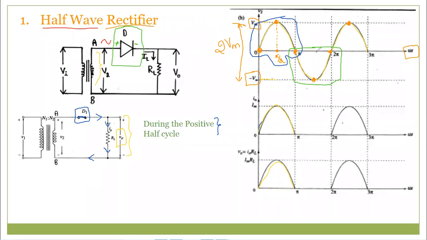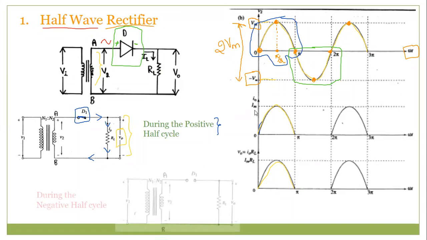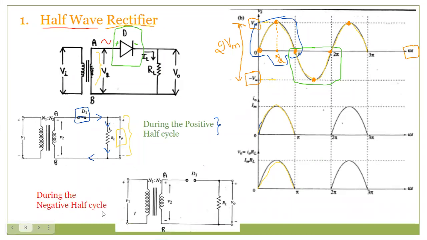Now, what happens during the negative half cycle? The first half cycle is completed, and after that the negative half cycle of the power supply comes. During the negative half cycle, the diode will become reverse biased.